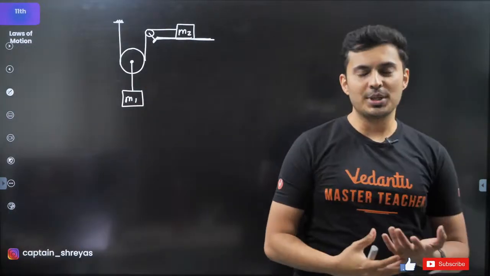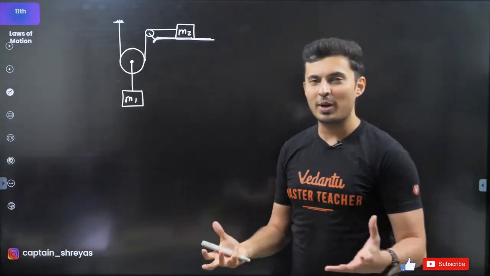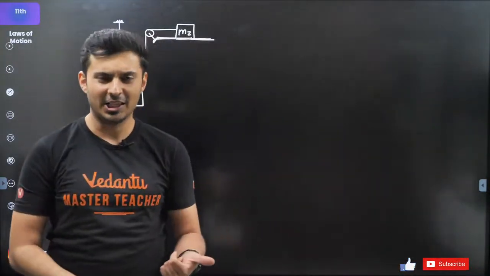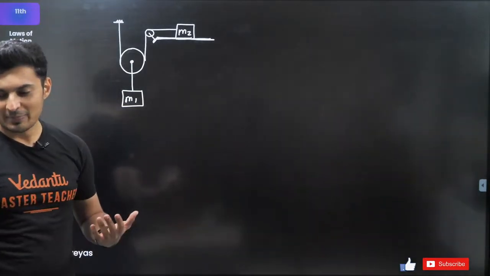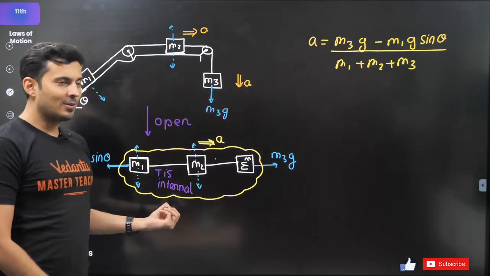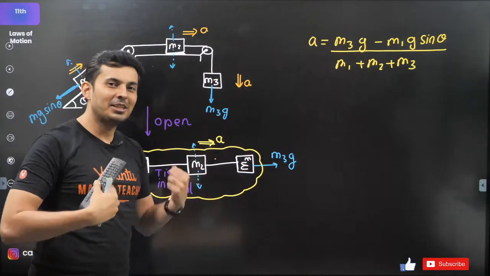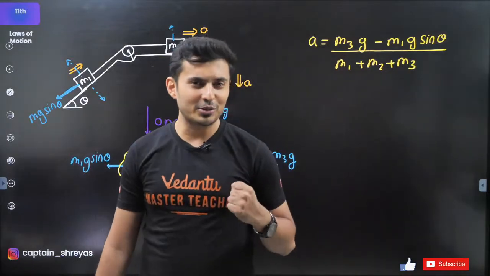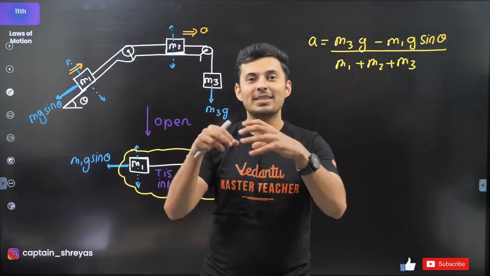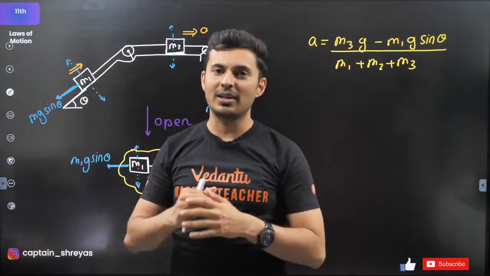And in these situations, you might generally be asked to draw the free body diagram of all these masses, find acceleration or find tension. Internal tension, what do we mean by that, Ragul? Internal force means those forces which are within the system. Like your heart is beating, there is muscular force, but that is within your body, so it's internal. It's not coming from outside.